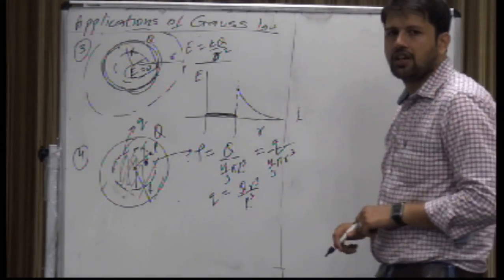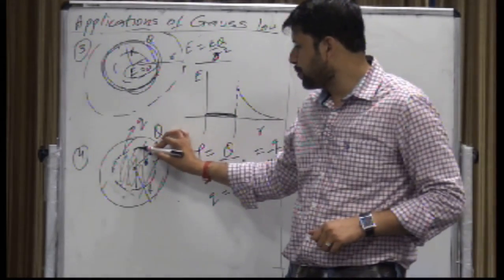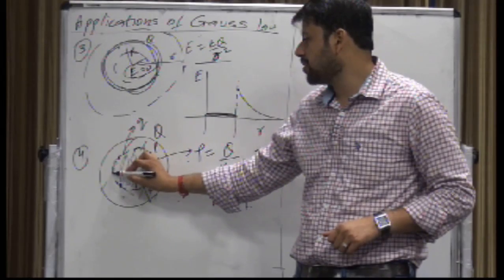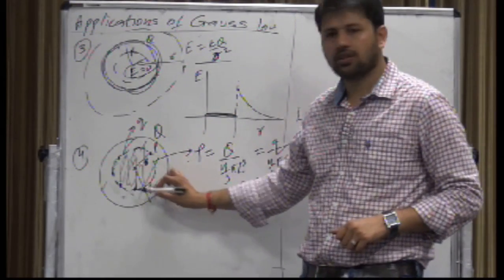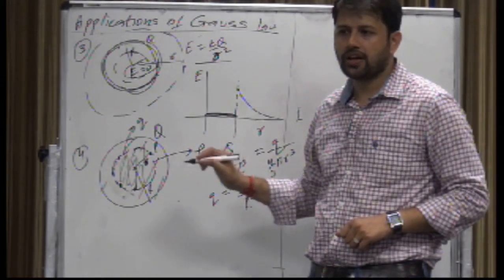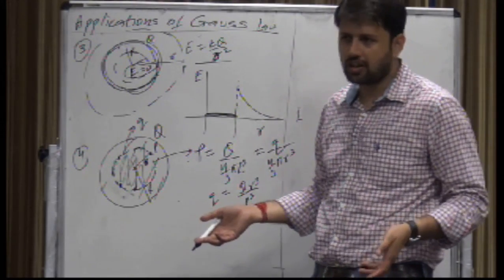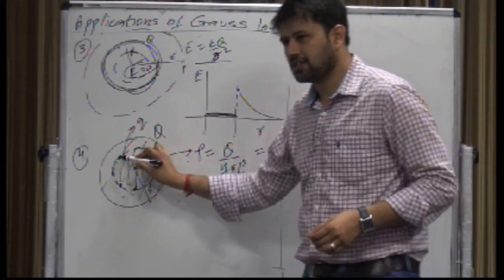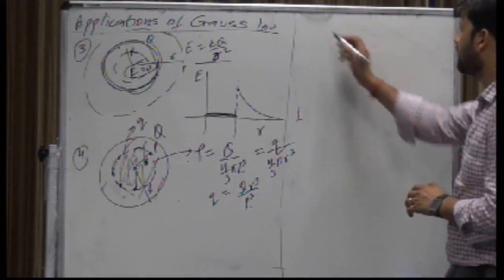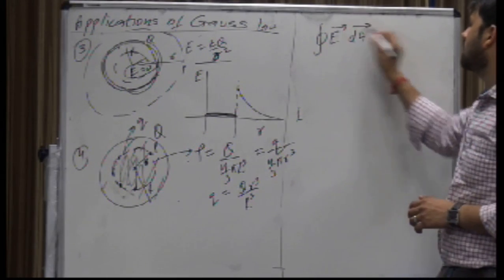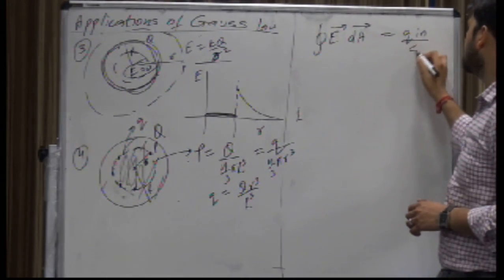Is it okay? Also you know that every point on the Gaussian surface has the same magnitude of electric field. Why? Equidistant. Yeah. Okay. So you have Q inside by epsilon naught, the Gauss law.